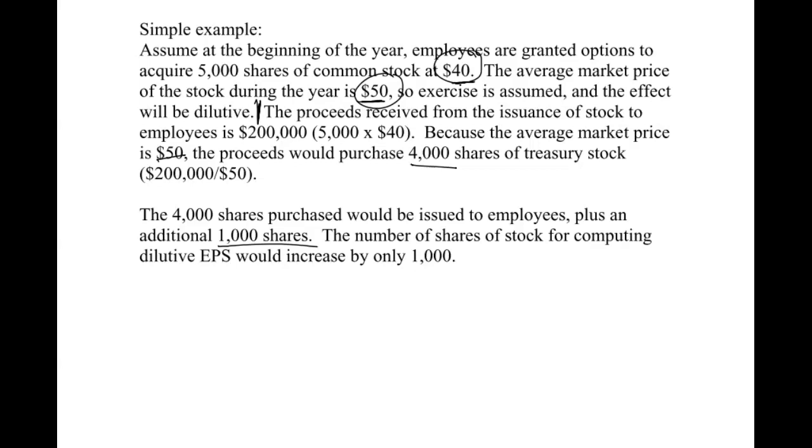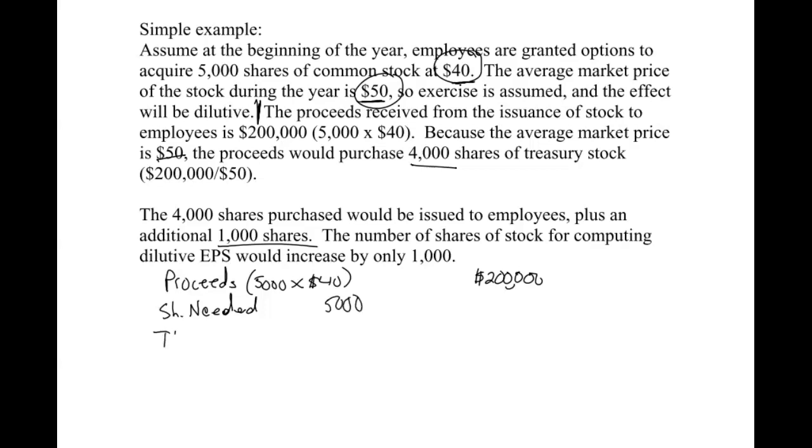Here's how I always write this out. I'll say proceeds: we got 5,000 options times my $40 exercise price. That gives me $200,000. Remember, we're assuming that they just gave us $200,000 to exercise those options. They are sitting there waiting on 5,000 shares.